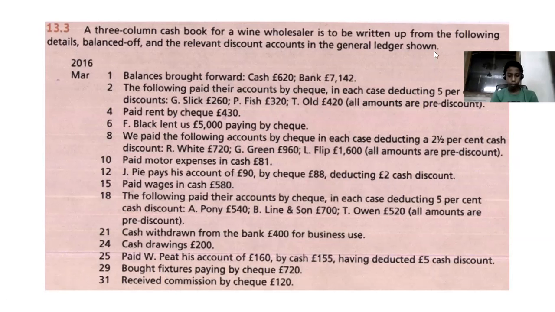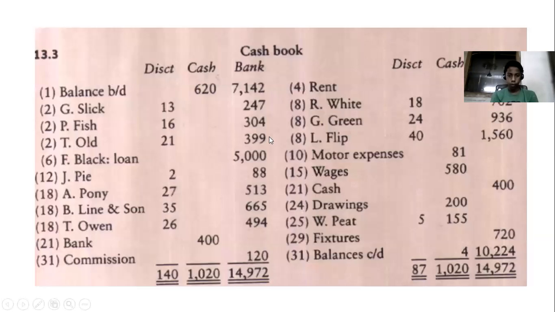Okay, then what is that? We paid the following account by check, 2.5% discount. 720. If you take out the 2.5%, what is that? 720, R White 720. What will you do? You will write R White here, and for 720, multiply by 2.5 divided by 100. You will get the discount and you will write the discount here.